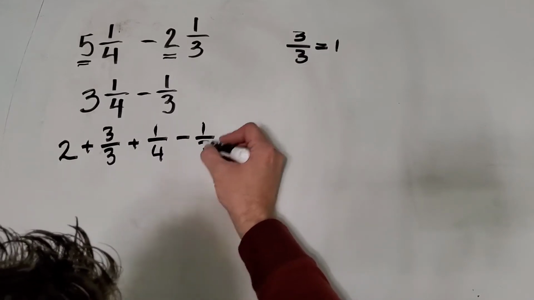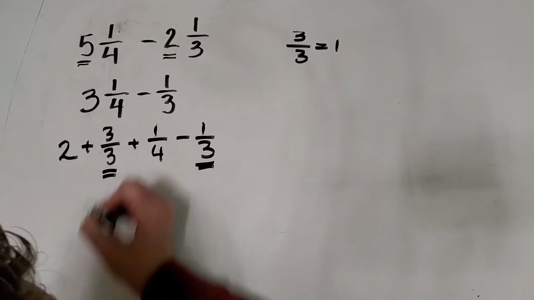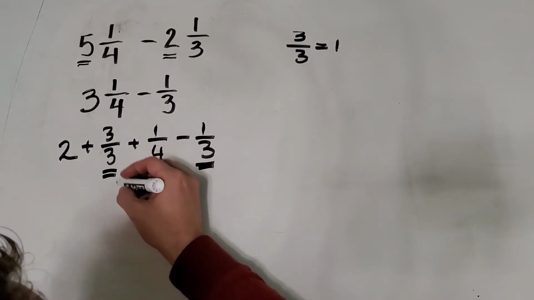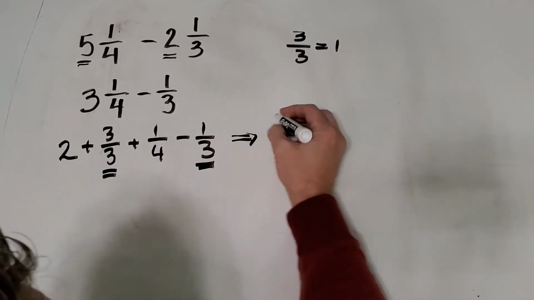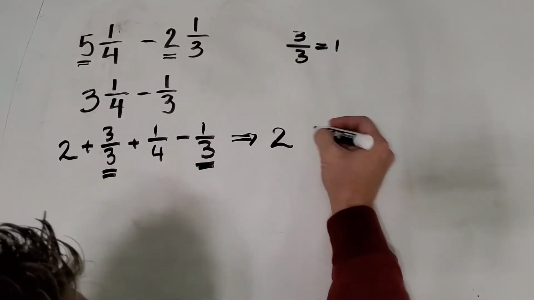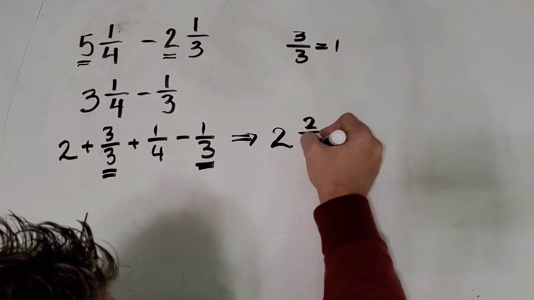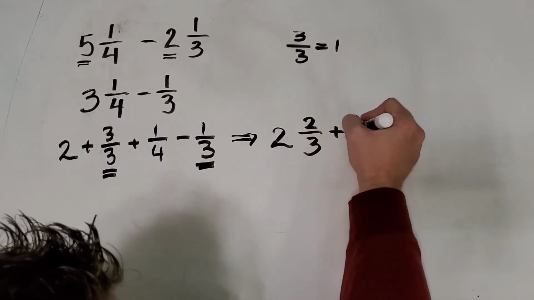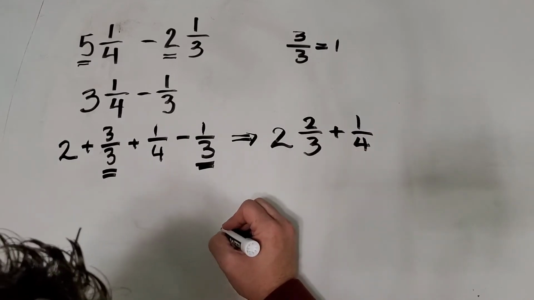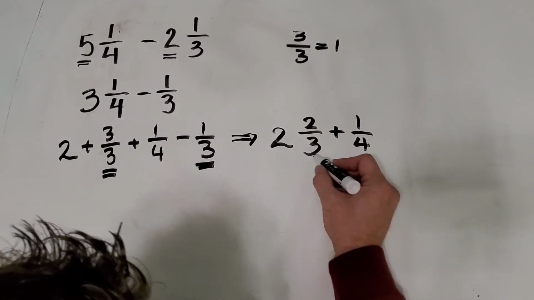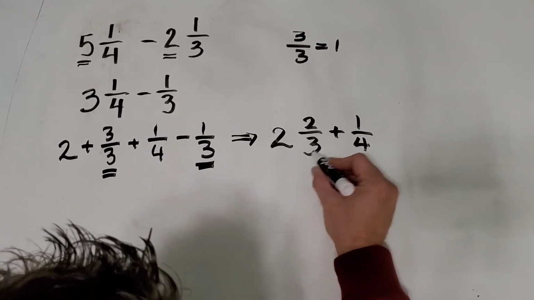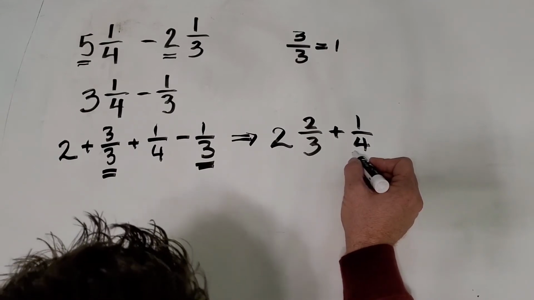Well, this 1/3 I can take away from my 3/3. So now I have my 2 wholes, 2/3, and 1/4. So now all I'm left with is using my addition strategies to figure out this part here.